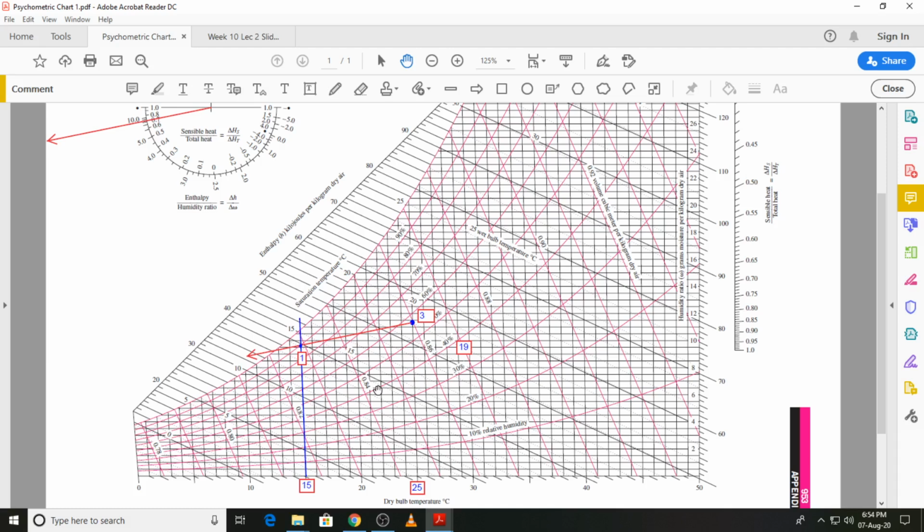These are the constant wet bulb temperature lines, and I need to just take one of these. You can see this is 15. So this line that we are looking at over here is 14 degrees C, and we are just around that mark.